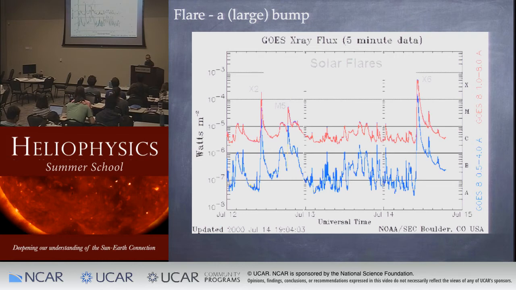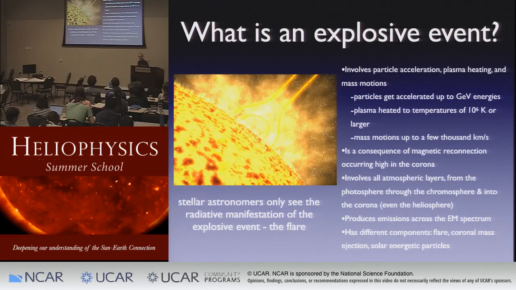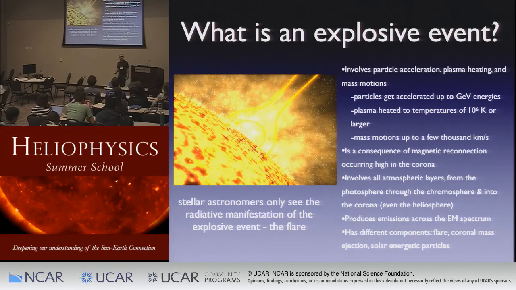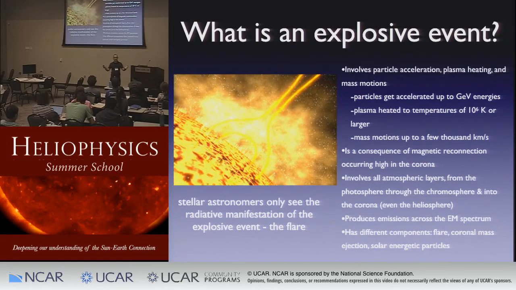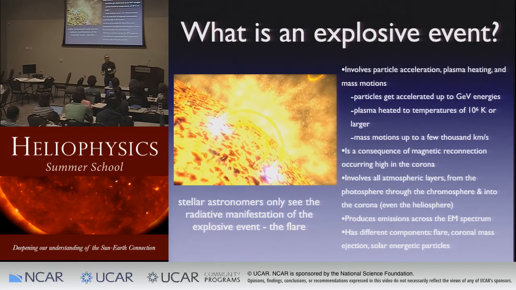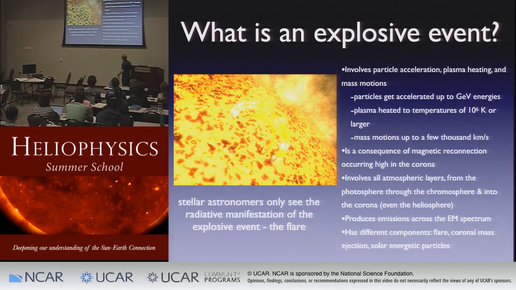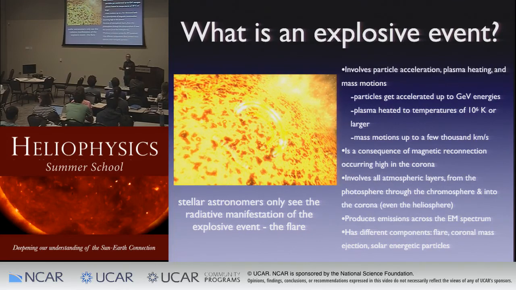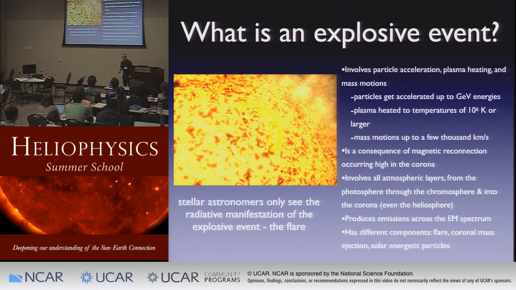Okay, so that's a flare, and it's associated with an explosion event, an event that changes the quantity of that parameter very quickly, increases its intensity, and then it drops back to normal. So in the context of stellar and solar flares, it typically involves particle acceleration, meaning the particles gain energy, and different processes happen.